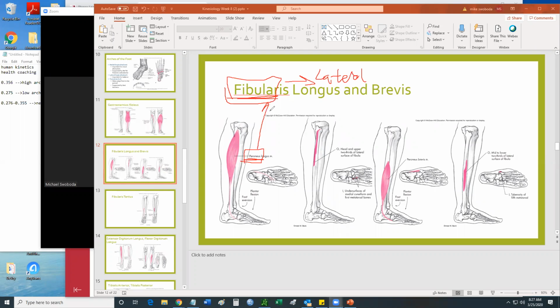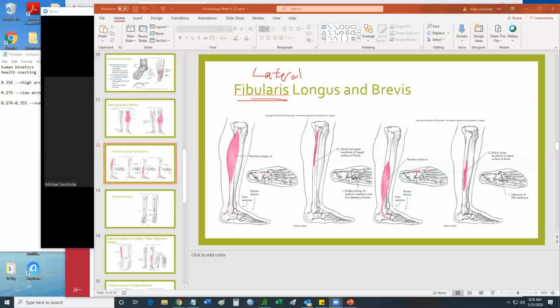So peroneus and fibularis are the exact same thing. That means equivalent. So if you ever see 3 lines instead of like an equal sign, but you get 3 of them, that means equivalent. So fibularis, always the lateral side.